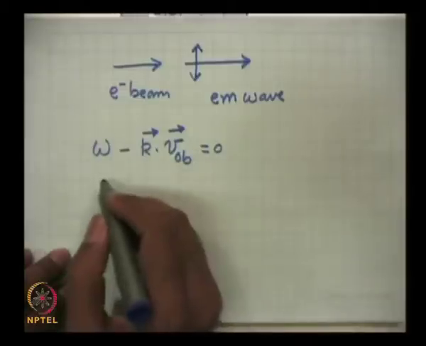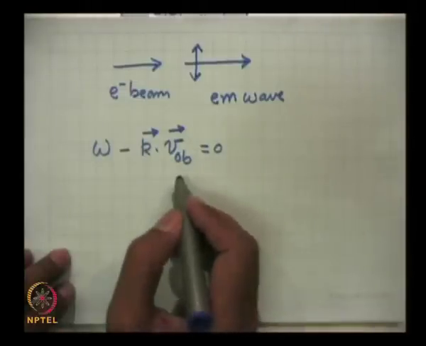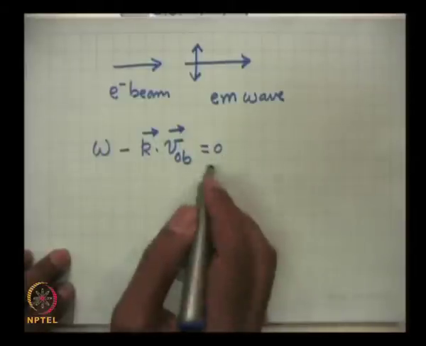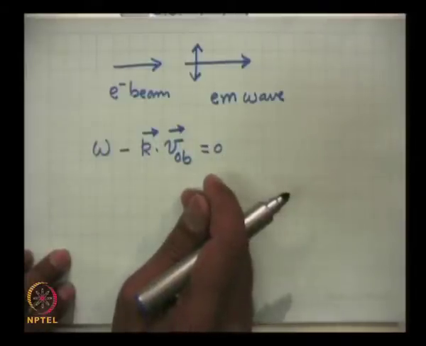This is known as the Cherenkov resonance condition. Only when this is satisfied, the momentum and energy are conserved between the electron and the photon.